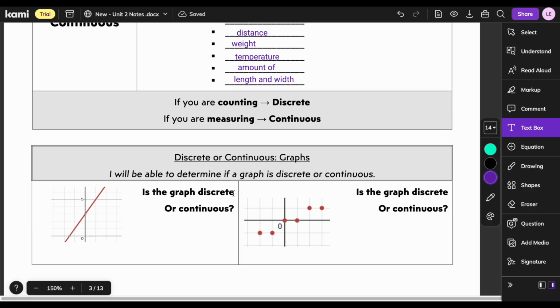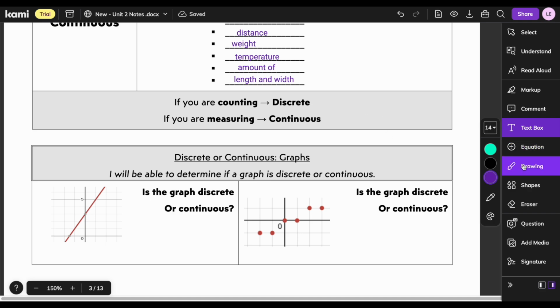First thing we're going to do is look at a couple graphs and be able to determine if it's discrete or continuous. So remembering our vocab, discrete graphs are separate individual dots all over, and continuous are a curved smooth line connecting dots, basically. It is unbroken. So if we're looking at this first one, that is a continuous smooth line.